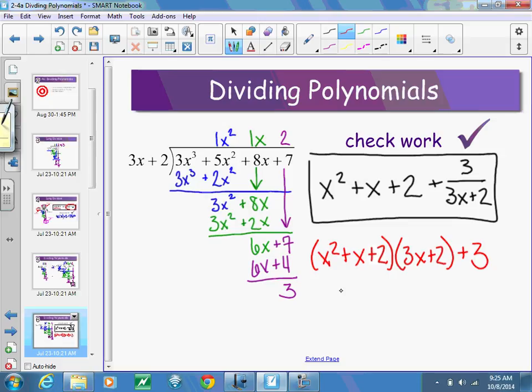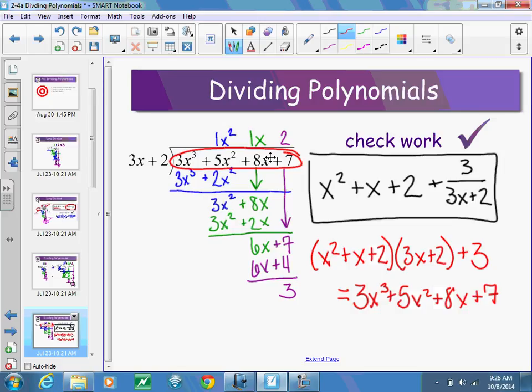And when I did that, what I would hopefully end up with is 3x to the third plus 5x squared plus 8x plus 7, and that is the dividend that we started with at the beginning right here. So take your quotient, multiply it by your divisor, and add on your remainder.